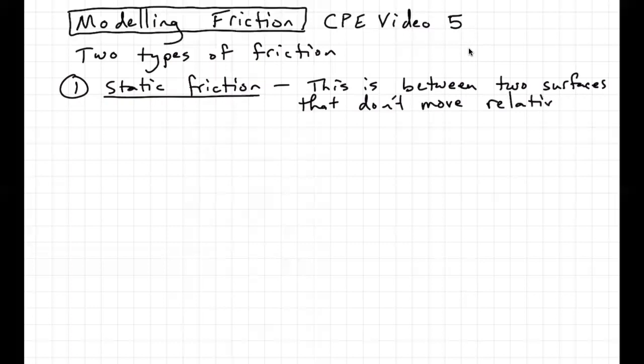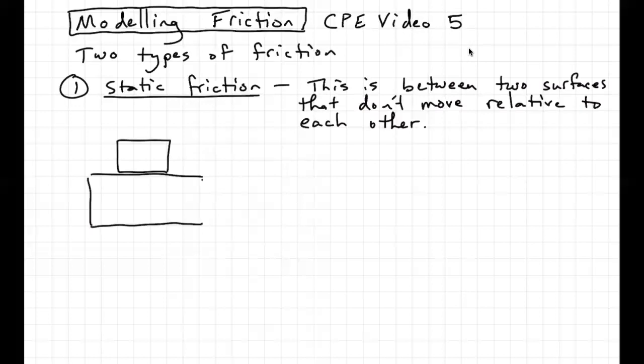So if you think back to problem 1 on that problem set, there was a block on top of another block on the ground. And I'll call the bottom block block A and top block block B.